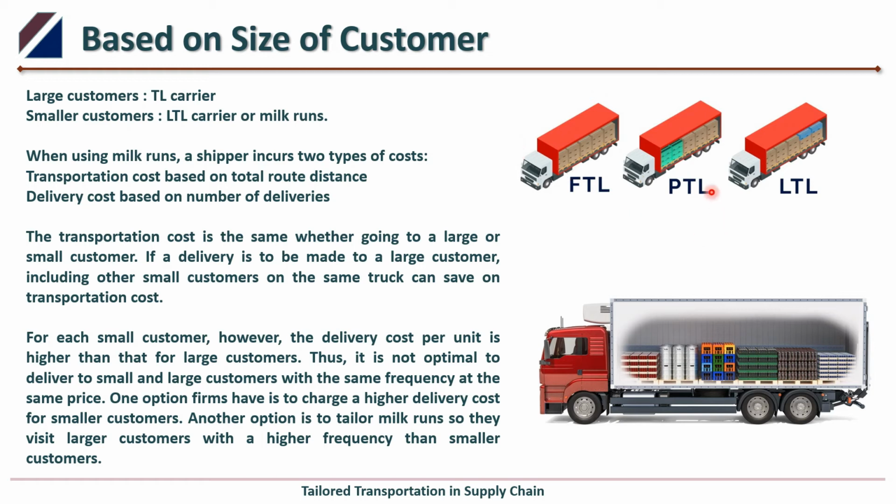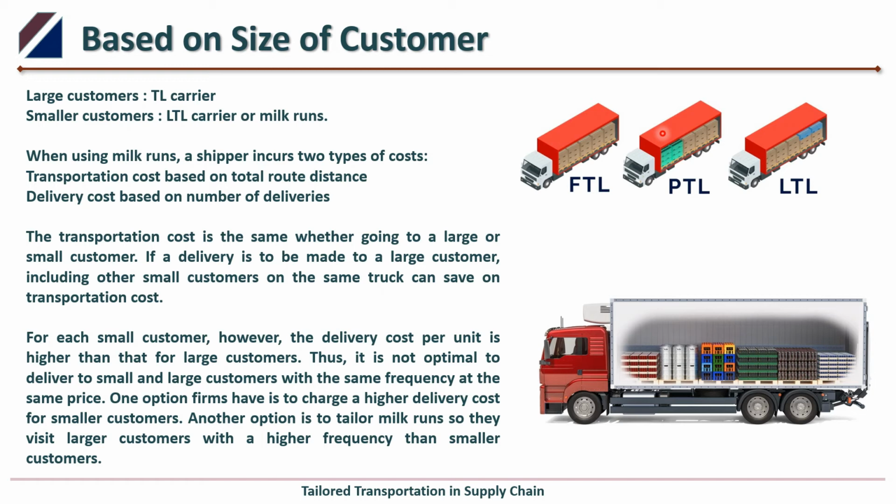While what is partial truckload? Half of the truck or more than half of the truck is of one customer. Then to optimize the cost of the truck, we use the empty space for delivering the order of some other customer.